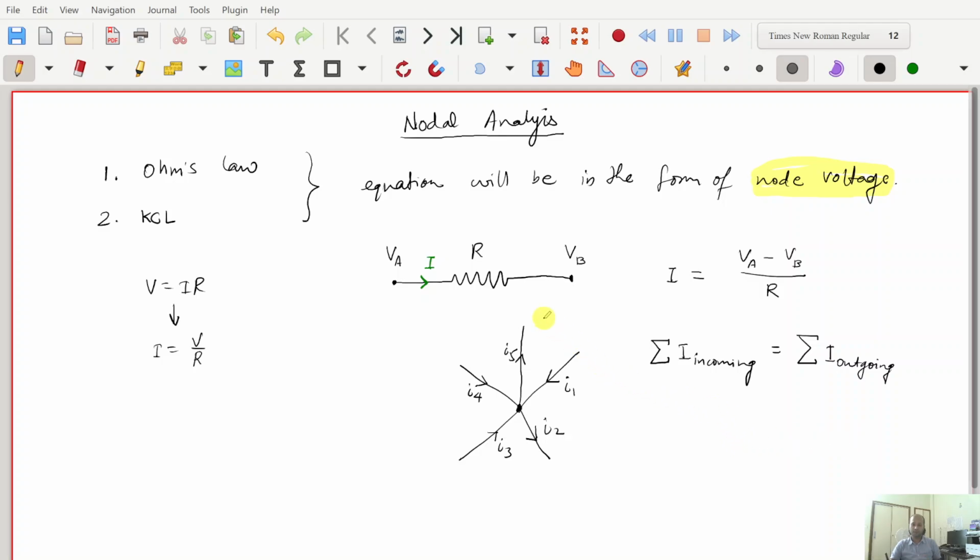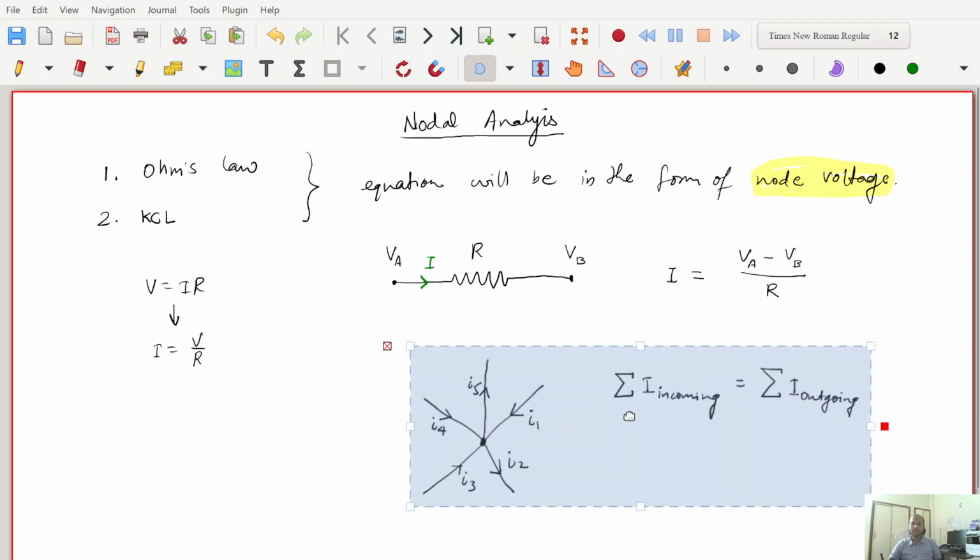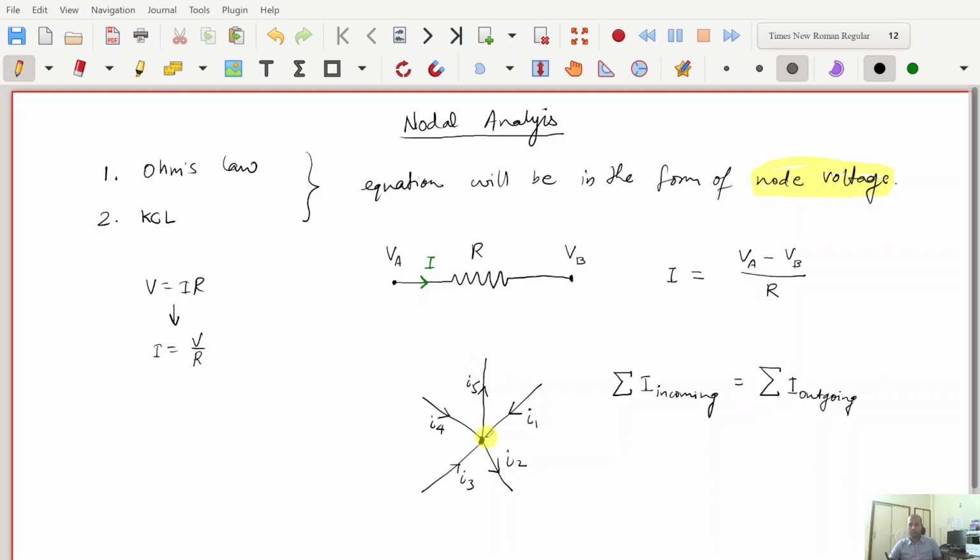From this circuit, since there are 5 different branches connected to this node, we can see that there are 3 different current components incoming to this node: I1, I3, and the fourth current component I4.